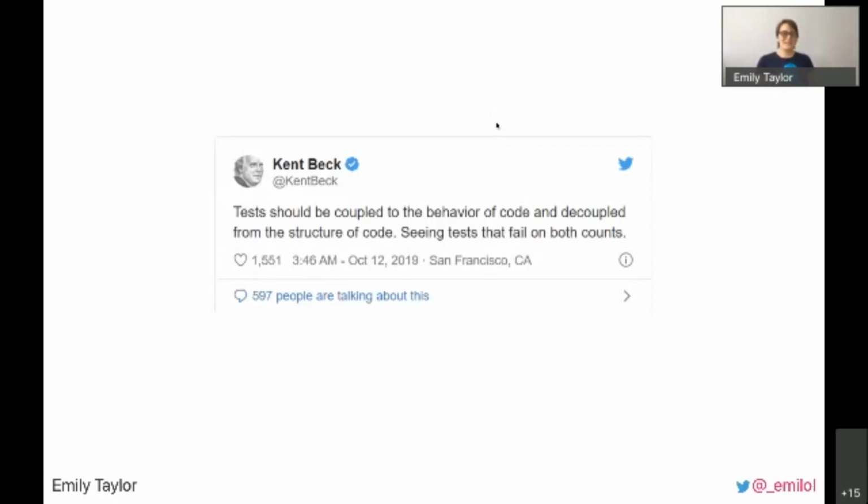And this generated some conversation, right? There was almost 600 people responding to this, people tweeting it, retweeting it, liking it. So Kent followed up with a blog post called Test Desiderata. And this is sort of my guiding light now for writing unit tests, which I really recommend. If you take one thing away from this talk, I'd say have a look into these Test Desiderata.